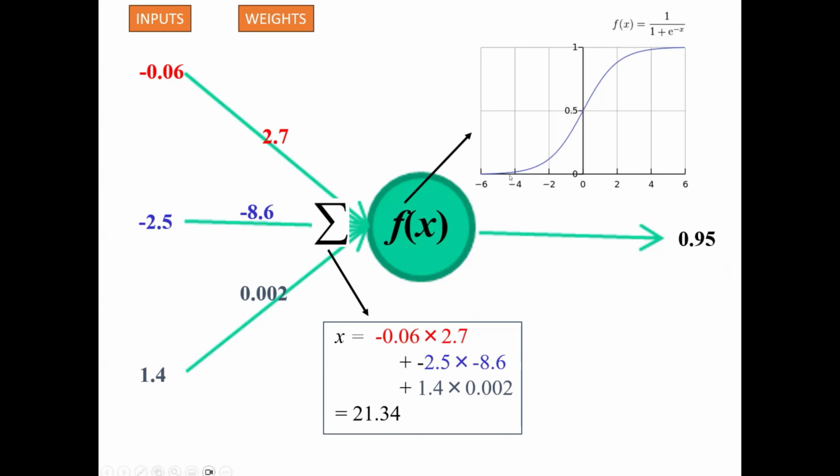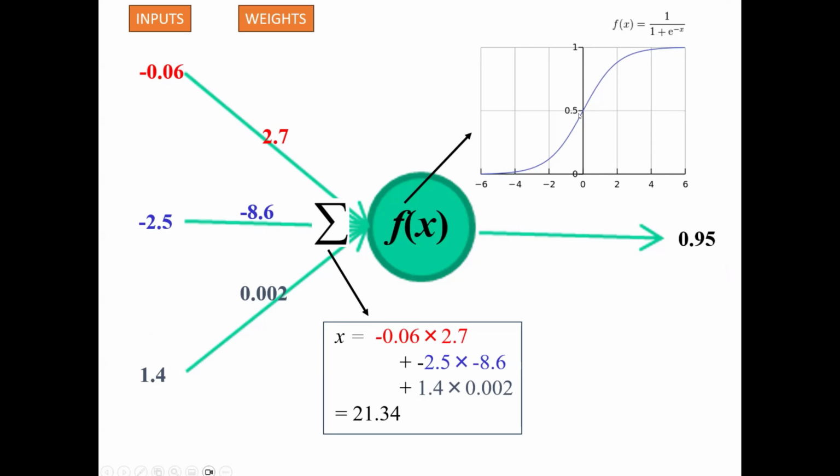And what you can see here is if the sum of the inputs is, say, below -6 or so, then you will get a 0 as an output. And only if it becomes, in this particular example here, larger than -4 or so, it actually starts to increase. So this is the value range that this activation function can take, from 0 to 1.